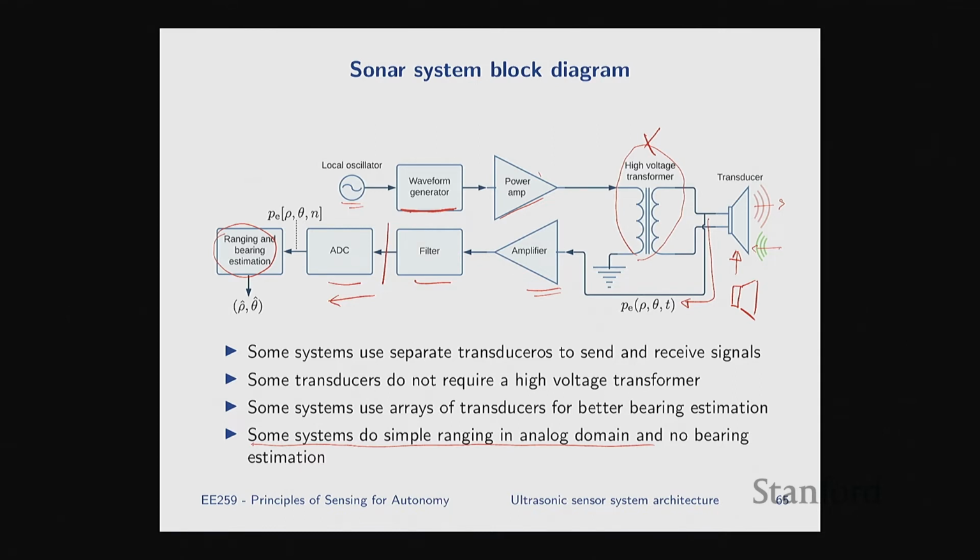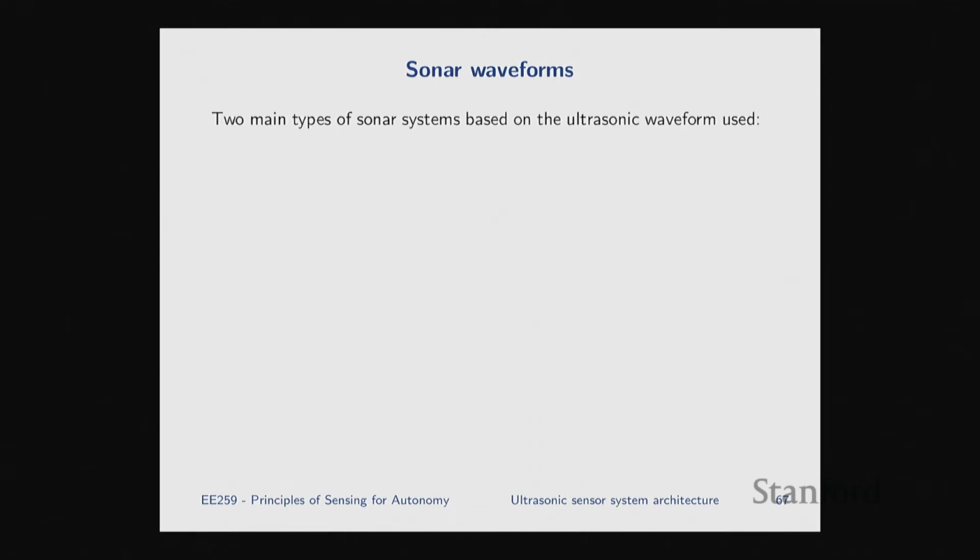We'll talk a little more about it in a few minutes, but basically, those sensors are not usually extremely useful for robotics, except, again, if you are interested in just a very simple proximity detector. But if you want to do proper mapping with bearing angle detection and things like that, you have to digitize your signal and do some DSP.